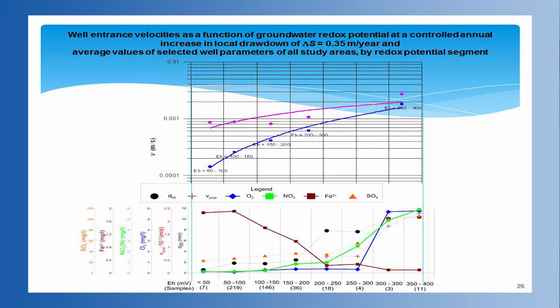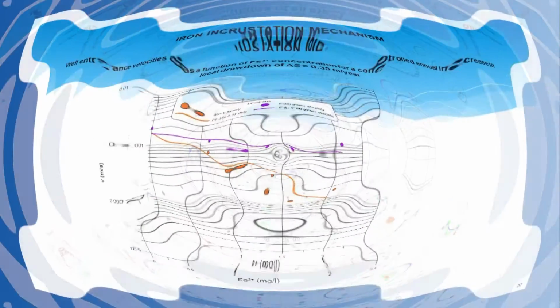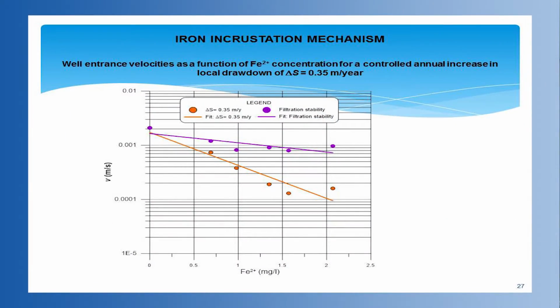When you go to the left, to low redox, you have high iron, low oxygen or no oxygen, and at the end of the day, no nitrates. And the critical velocity is very, very low. Here is a relation between iron and critical velocity, also very important for designing the well.